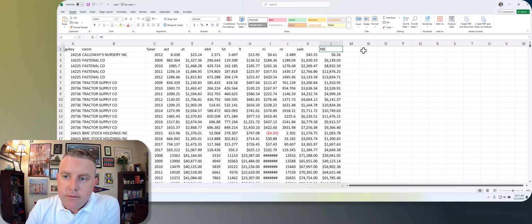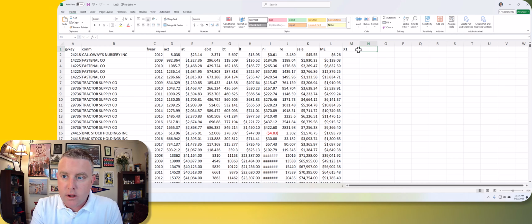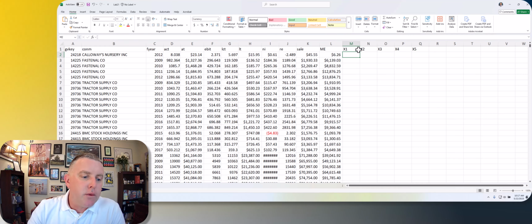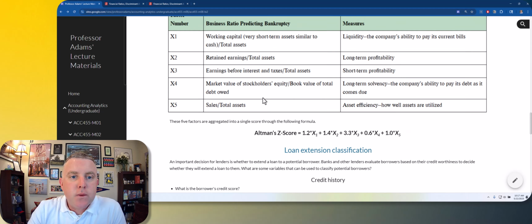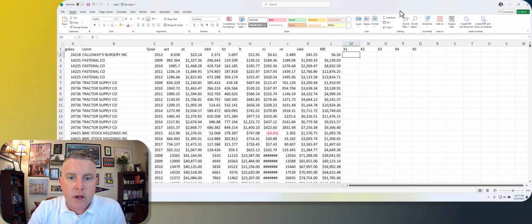The first thing we need to do is create these 5 variables: x1, x2, x3, x4, and x5. Coming back to our calculation, x1 is short-term assets divided by total assets, so we take current assets divided by total assets.